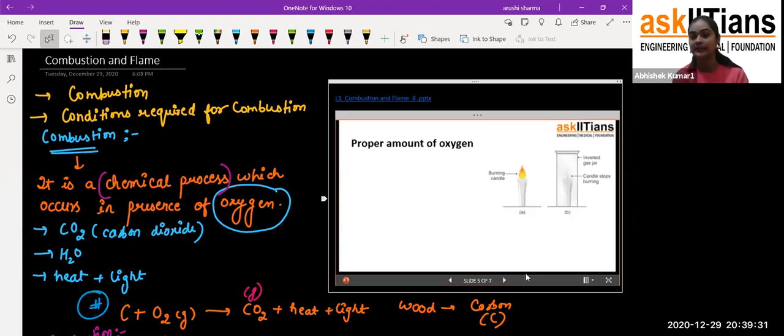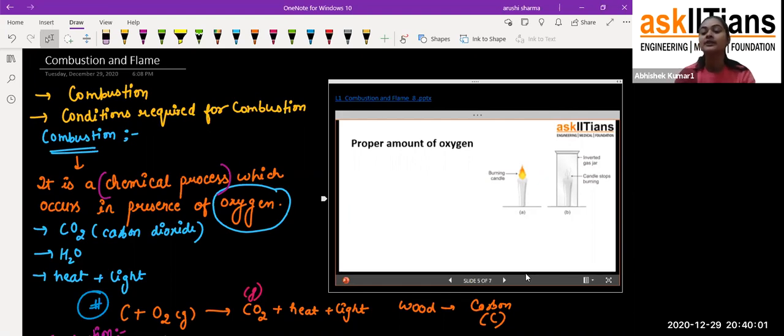You can take one candle, burn it, and after some time put a jar over it, and you'll find that after 1 minute or 2 minutes or 3 minutes, the candle will stop burning, because the oxygen present inside the jar has been consumed for the combustion process, for the burning of the candle. Now there is no oxygen inside the jar, and if there is no oxygen, there will be no burning of the candle. So that's how we require a proper amount of oxygen.